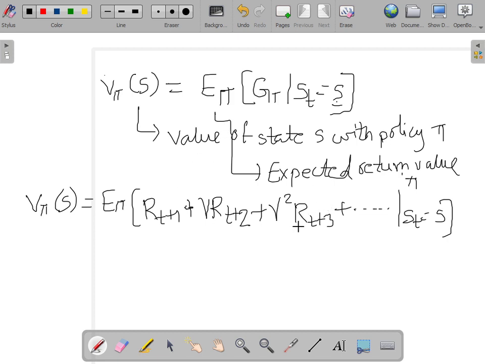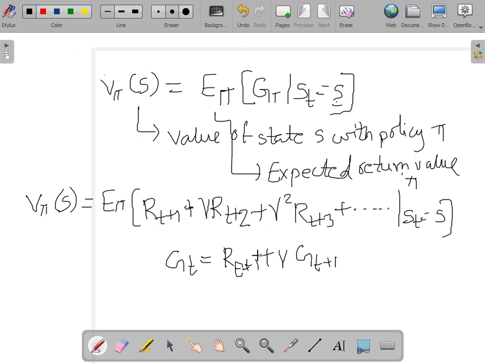Now can we write this G of t as R of t plus 1 plus gamma G of t plus 1?